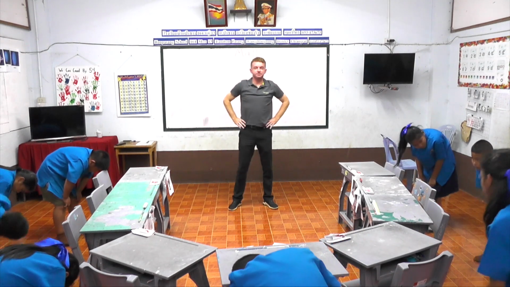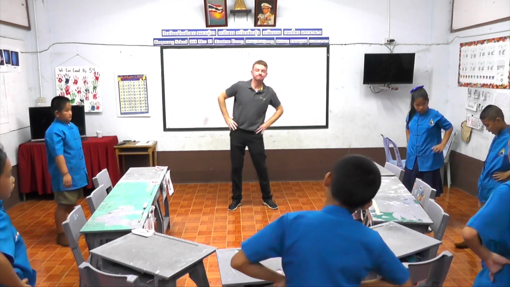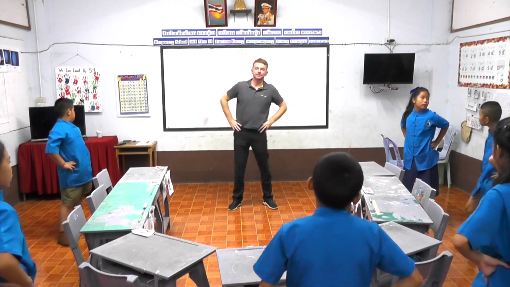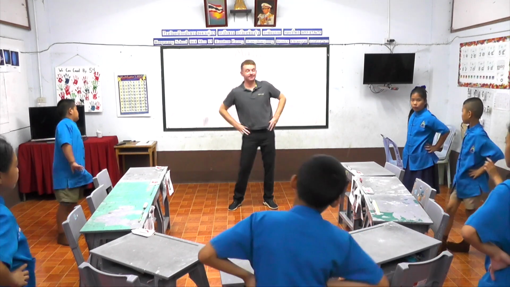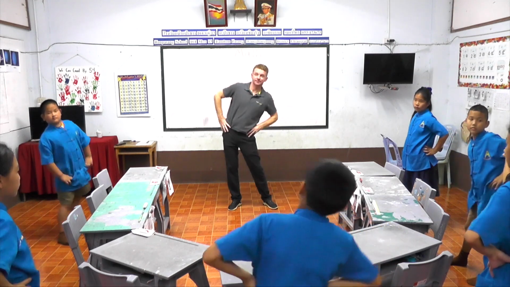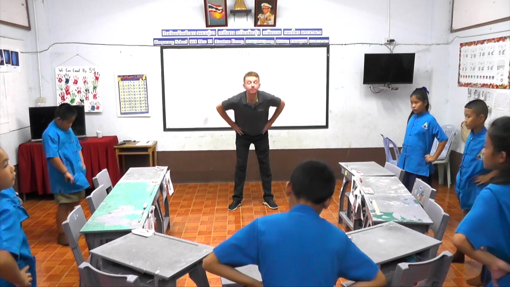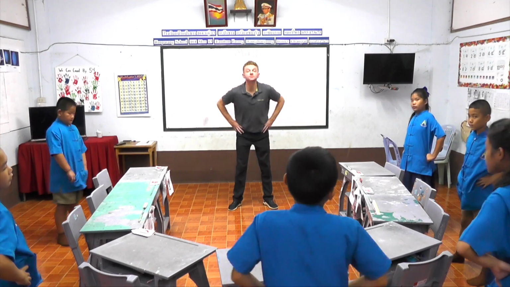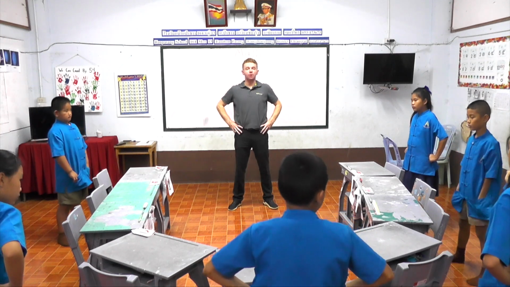And now hands on hips, and we can have a wiggle side to side. And then another wiggle side to side. Stop. Forwards, backwards, forwards, backwards, forwards, backwards, and stop.